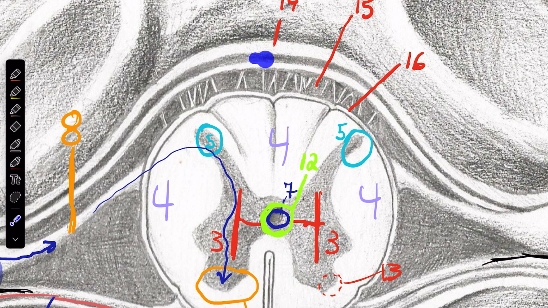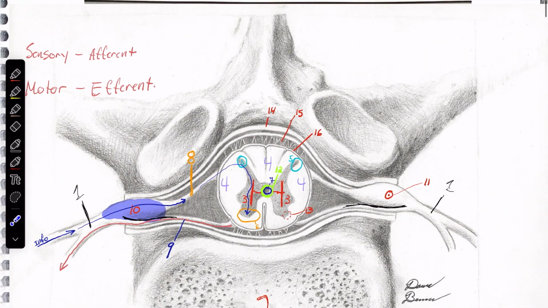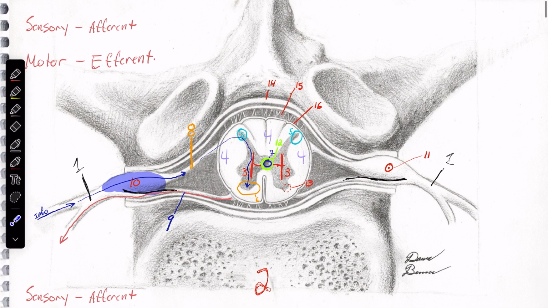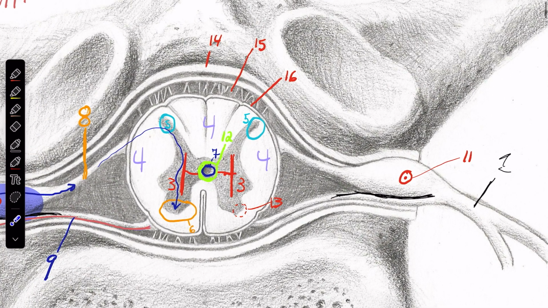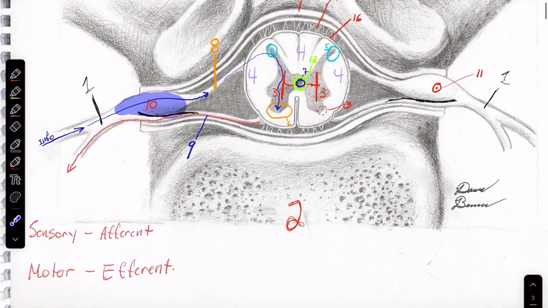This is going to be our arachnoid layer, and then the pia surrounding it. Again, just so you can see it, this round thing right here is the dorsal root ganglion. Well, number 11, that's going to be the cell body. And that should be it.